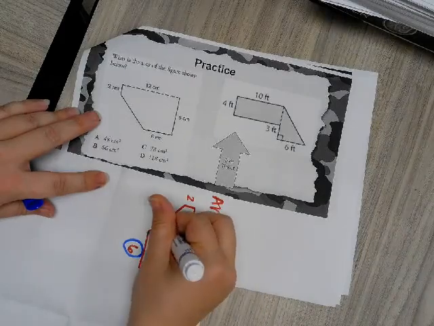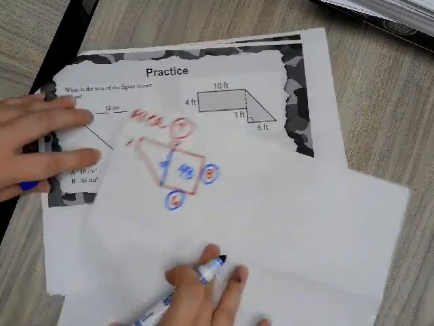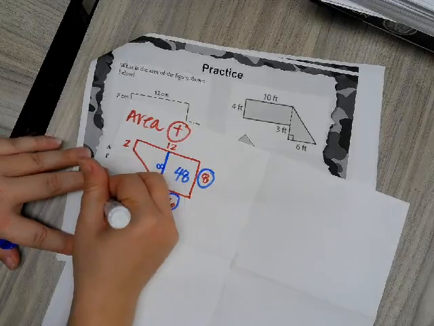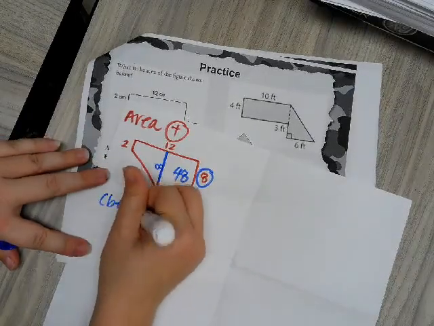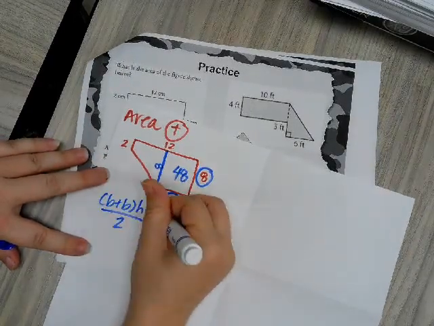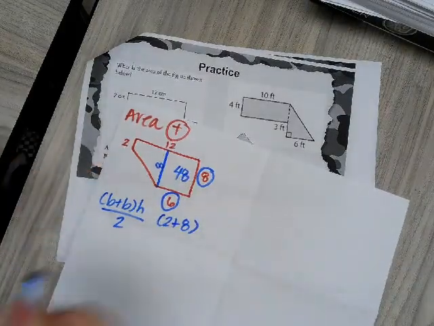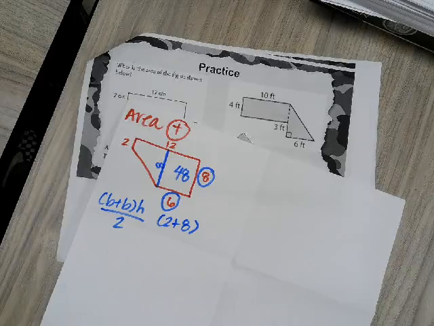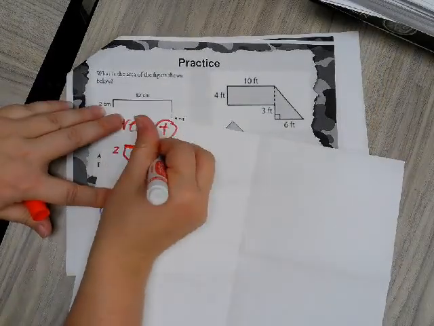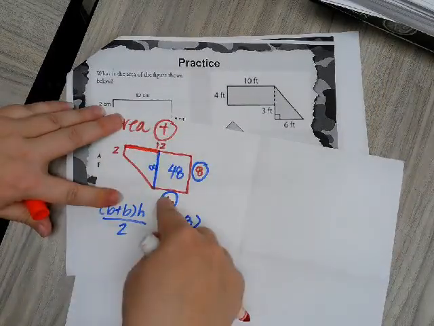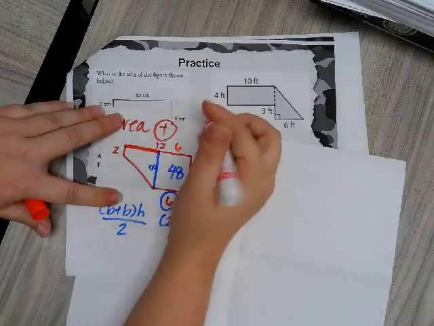So remember, a trapezoid is base plus base times my height divided by 2. So I know I'm going to do 2 plus 8. Now, what is my height? I'm trying to find this right here. Well, we know that this side is 6, and we know my total has to be 12. So 6 plus something gives me 12.